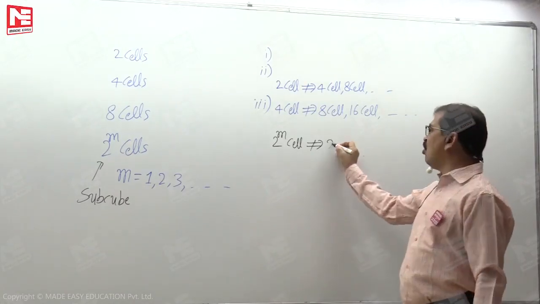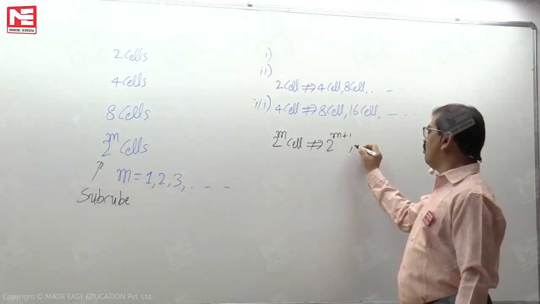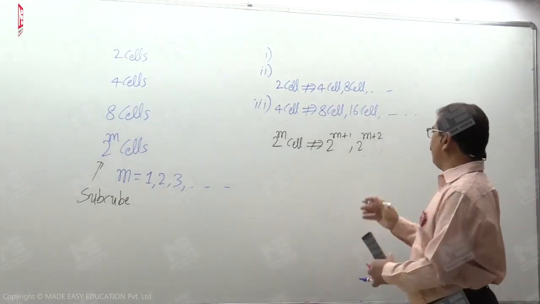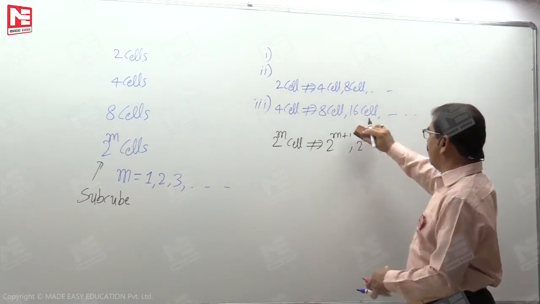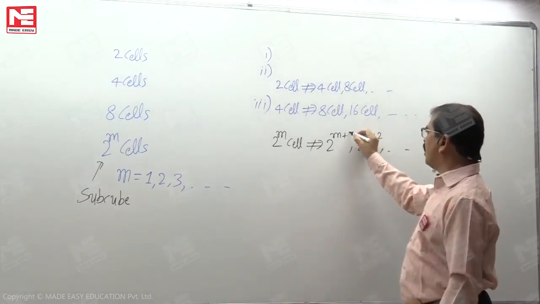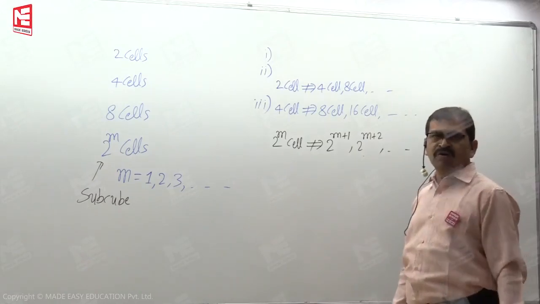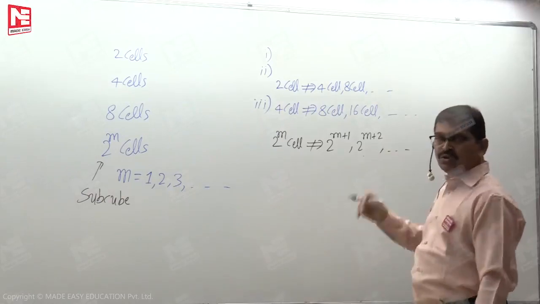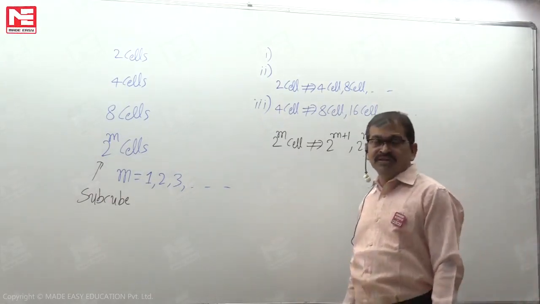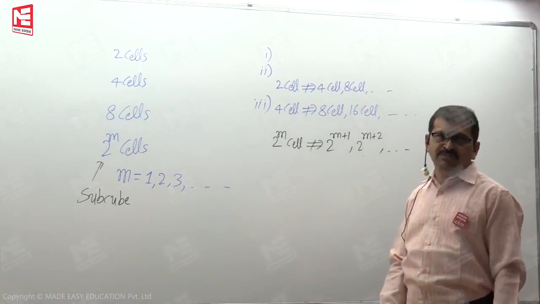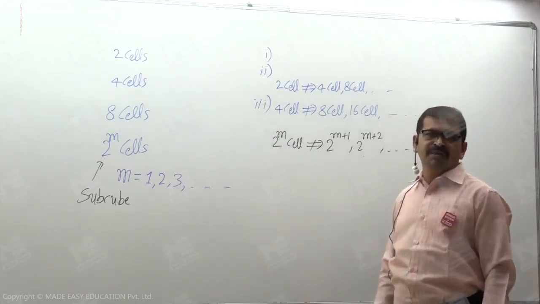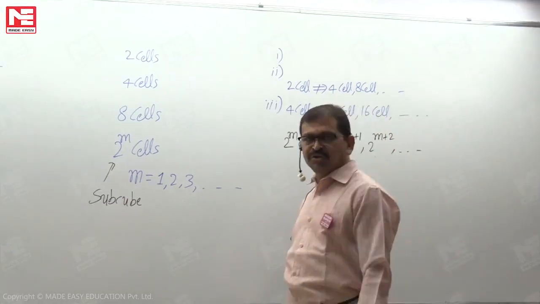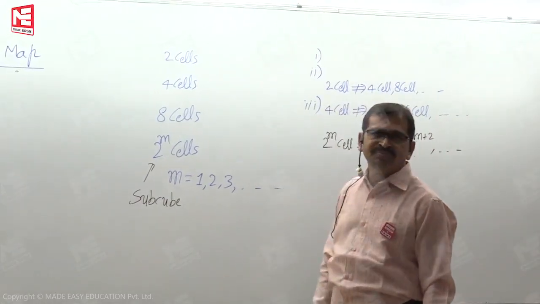This subcube should not come as a part of a subcube of 2 to the power of m plus 1, 2 to the power of m plus 2, and so on. So this is a rule we need to follow in general to mark the subcube. The function may be with any number of variables. By using this rule, we need to mark the subcubes.